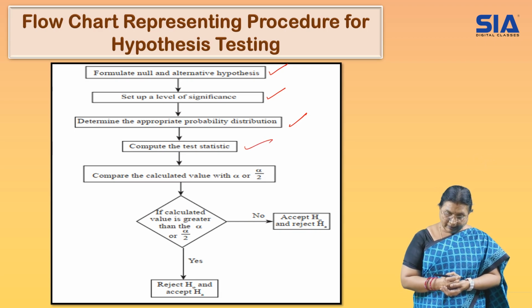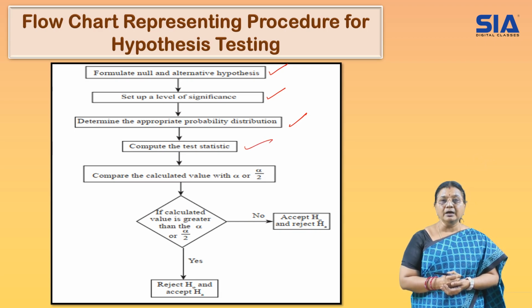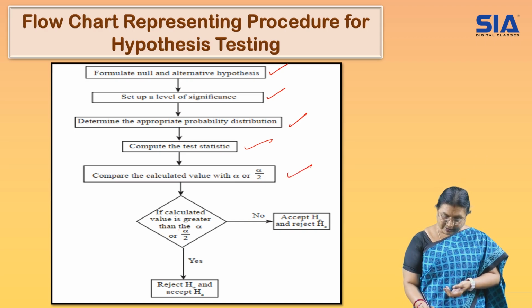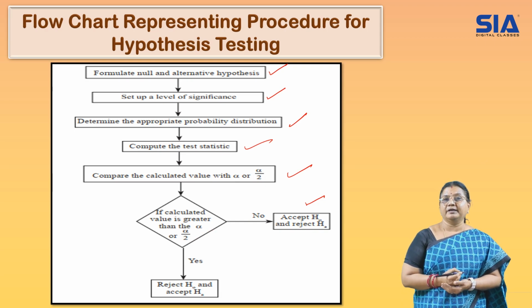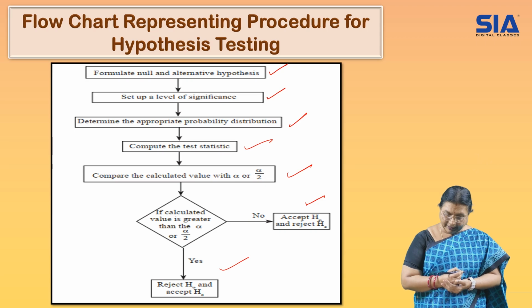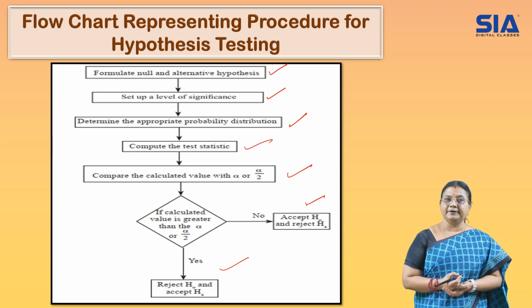Then compare the calculated value with the table value. If the calculated value is less than the table value, it is accepted. If it is greater, it is rejected, depending on the value calculated.